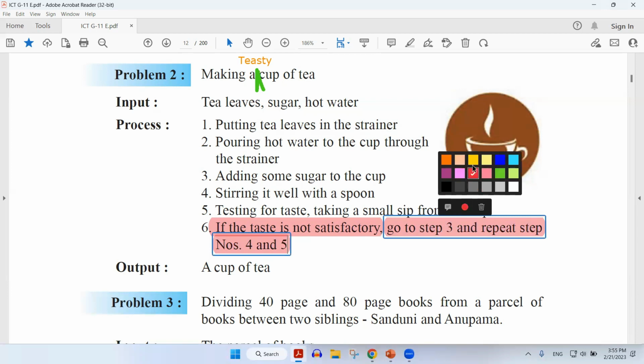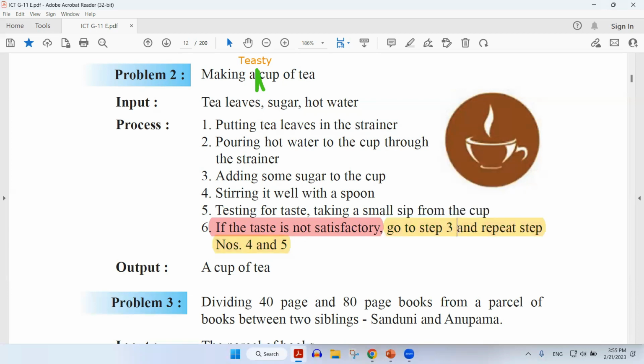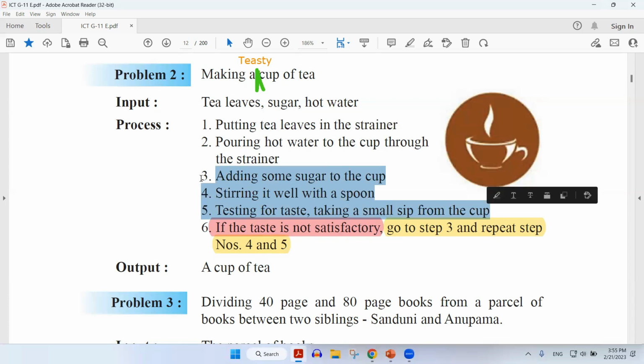If the taste is satisfactory, we don't need to repeat these things. But if it is not, we have to repeat these three, and then check the satisfaction again.